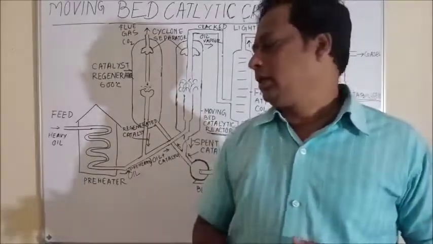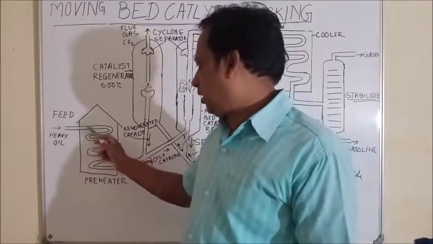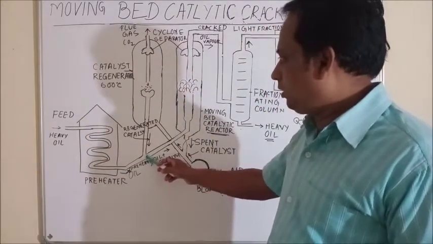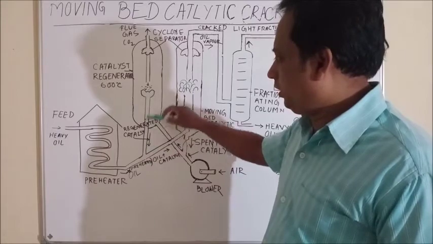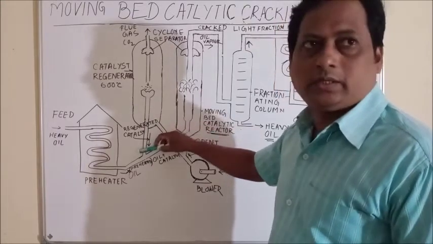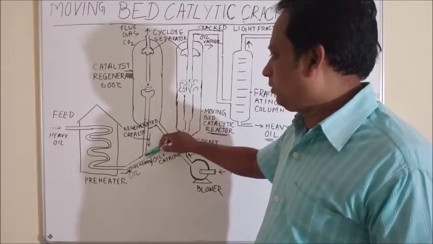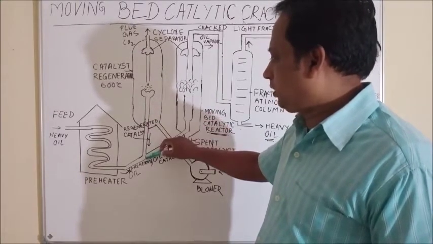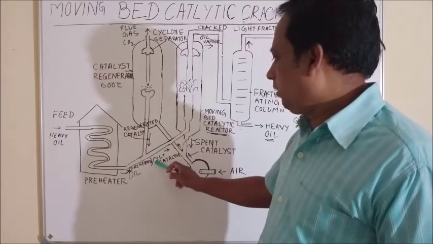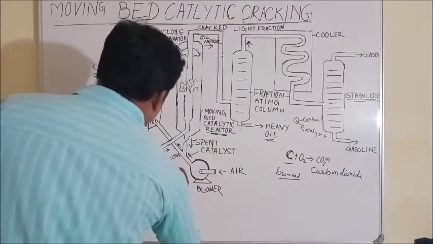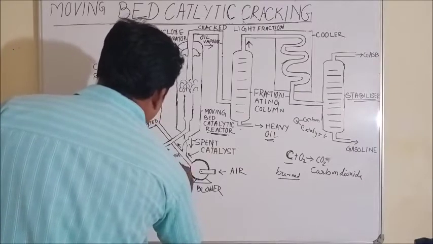Now we will summarize. Here the oil is coming through the preheater. The preheated oil is coming in contact with the regenerated catalyst from the regenerator.